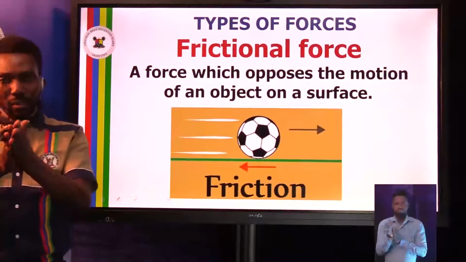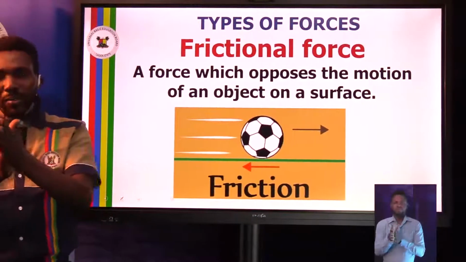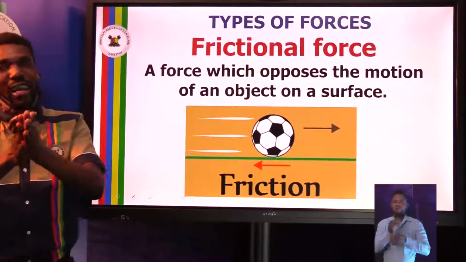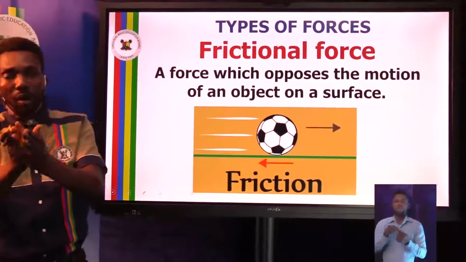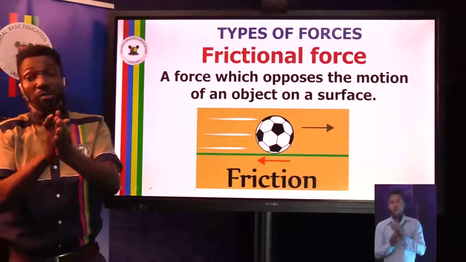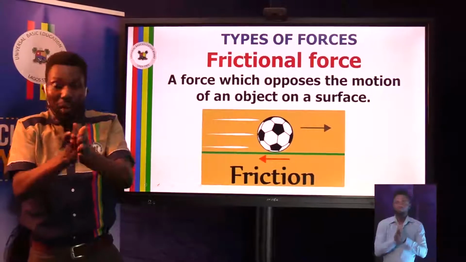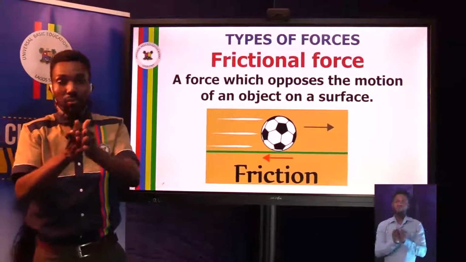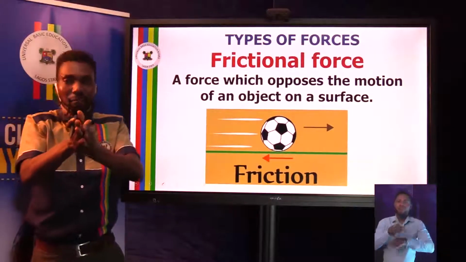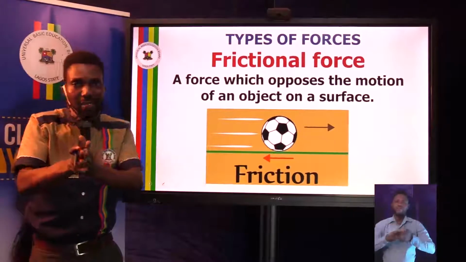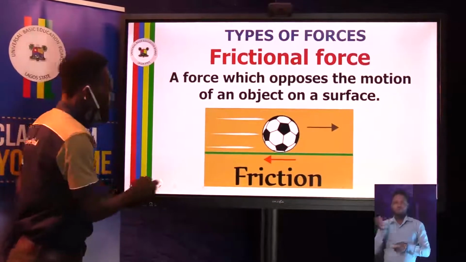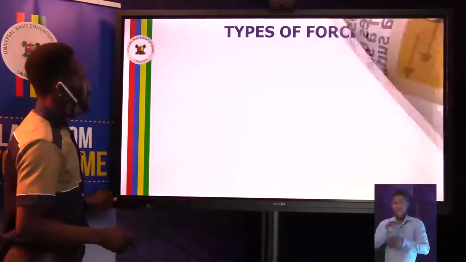You can do that with me. Rubbing your palms together, there is a force that is trying to stop the movement, except we have an oily substance that can make it run faster and smoothly. But without that, there is a force trying to stop the movement. That's frictional force. We'll see more examples as I proceed.